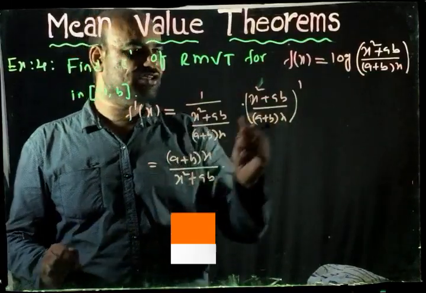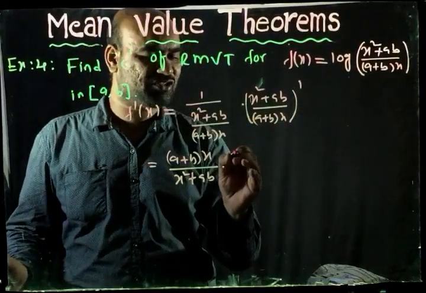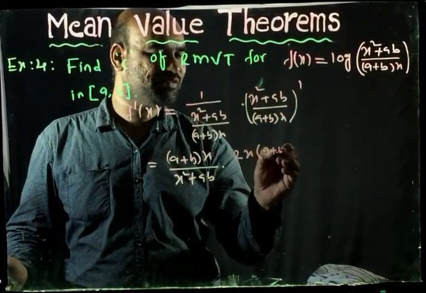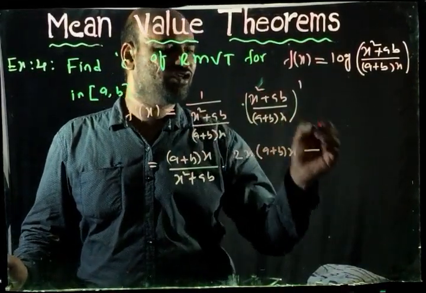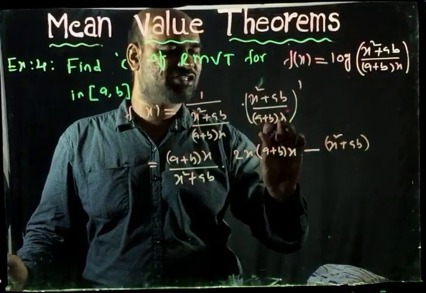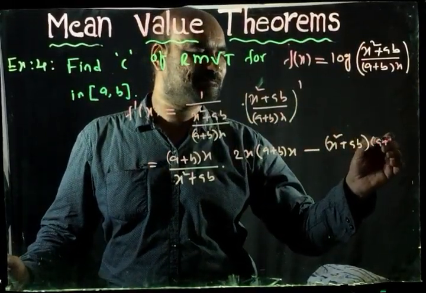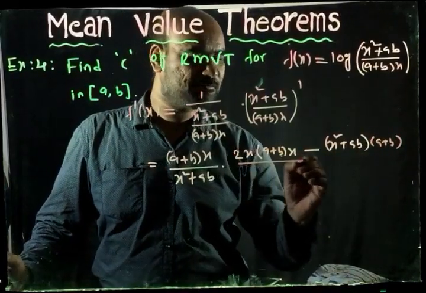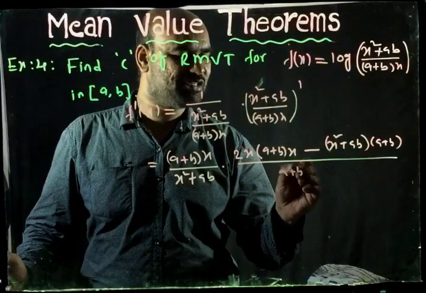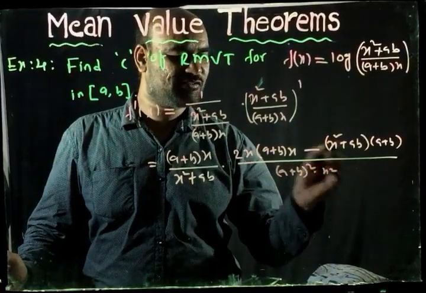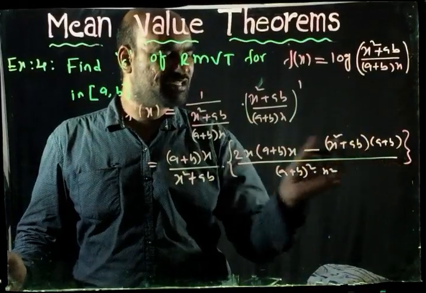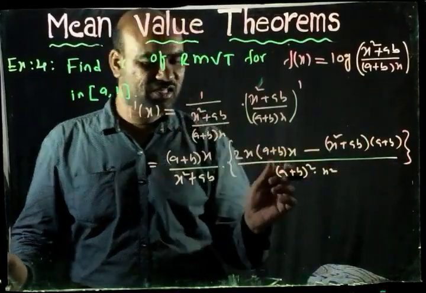Now I am using the u by v formula: u dash is 2x, plus ab constant, into (a plus b) x, minus u as it is into v dash, which means a plus b, divided by v square, which means (a plus b) square into x square. In this total bracket, a plus b is there, a plus b is there, so I can take a plus b.